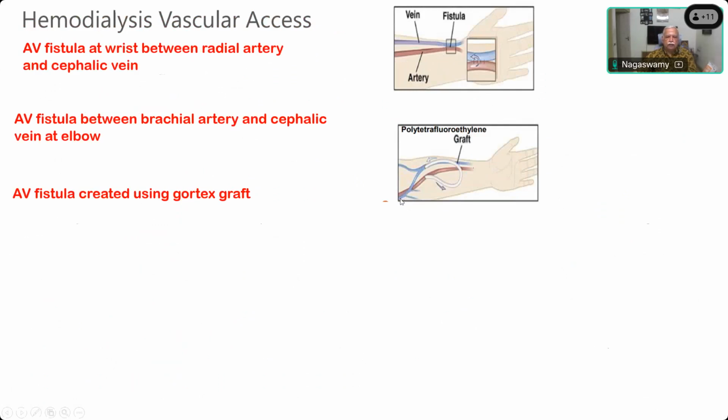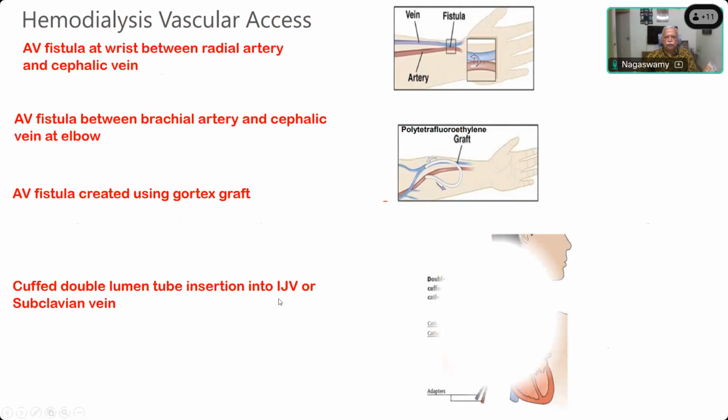And if the vessels are very small, you can use the graft to create an artificial communication. But if the patient requires dialysis urgently, then you go for insertion of a cuffed tube through a subclavian vein or IJV, you have to insert this.